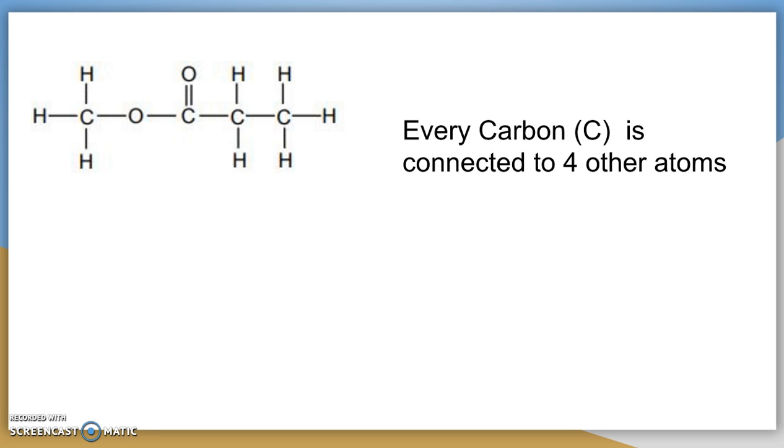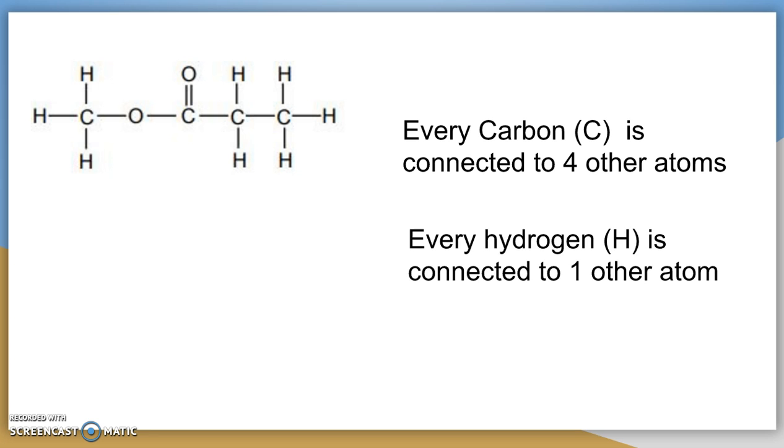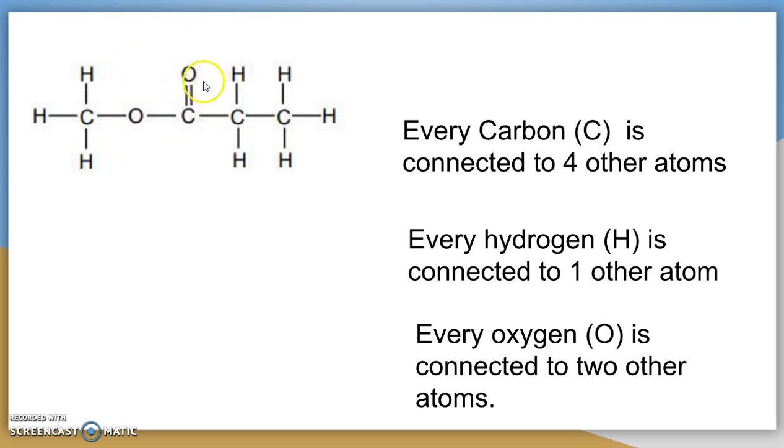Every carbon is still connected to 4 others. In our organic compounds, every hydrogen will only have 1 bond, and every oxygen must have 2 bonds. This oxygen over here you see has a double bond, and with this oxygen over here we have 1 bond to this side and 1 bond to the other.